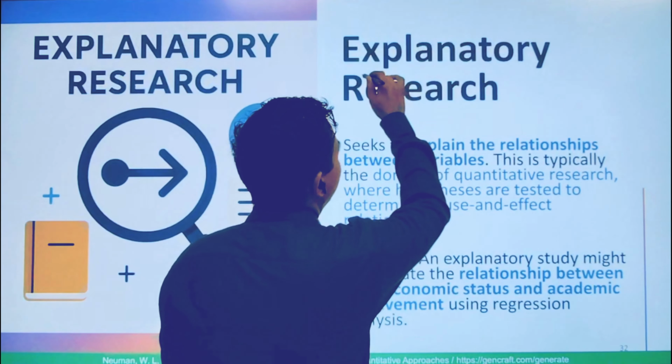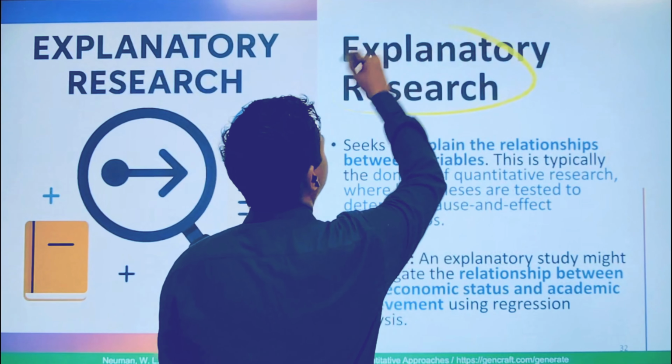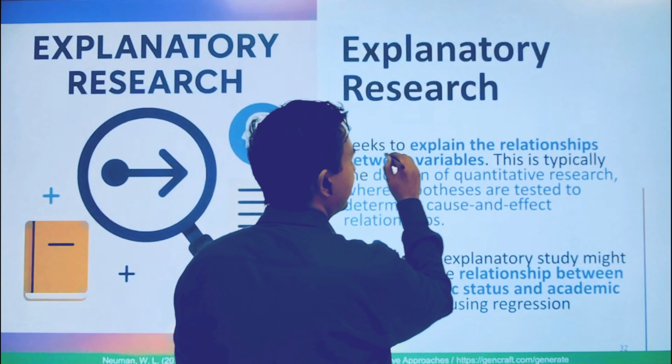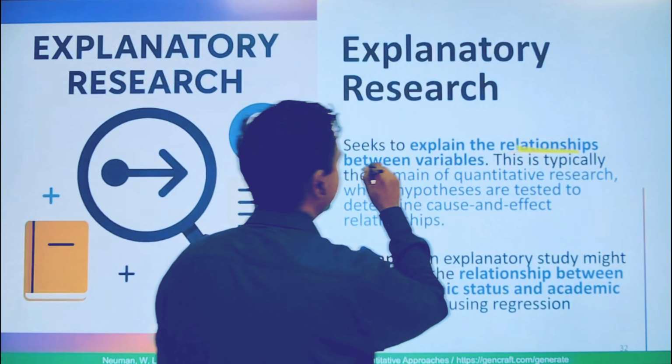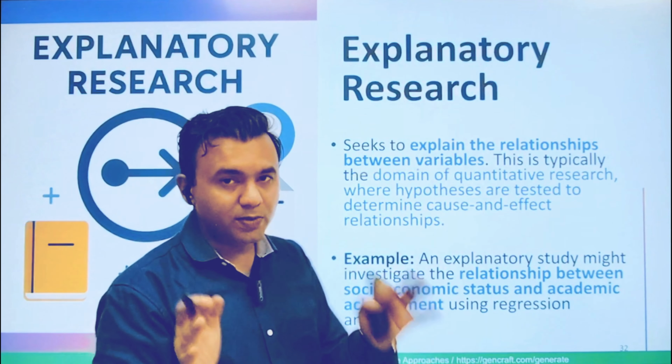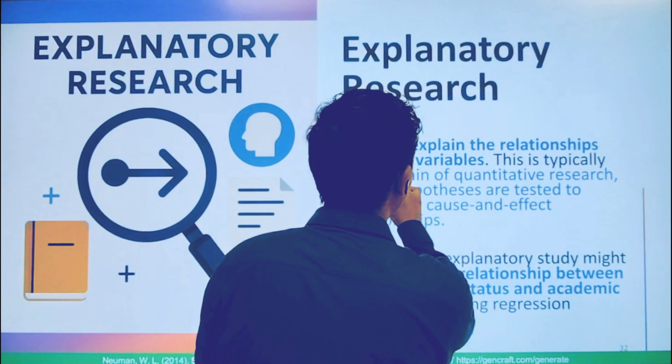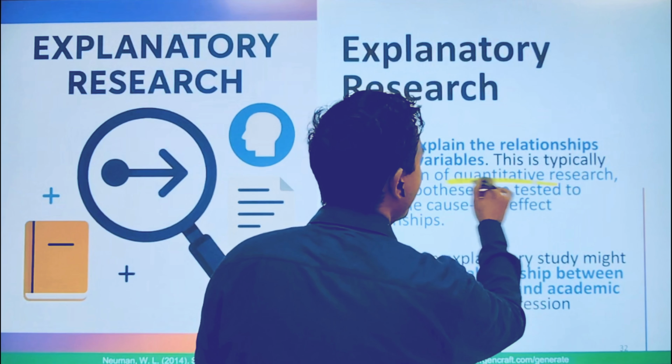On the other hand, explanatory research, that's the third part. It seeks to explain the relationships between variables, right? Different variables, what is the relationship? Generally, this is typically the domain of quantitative research.